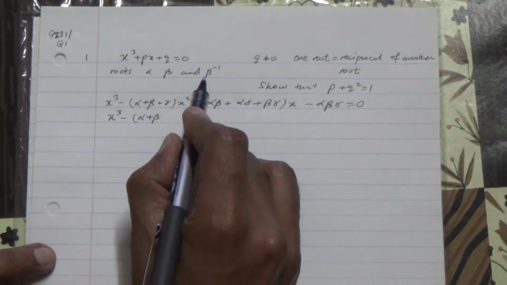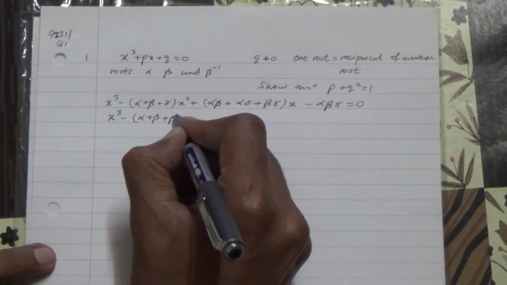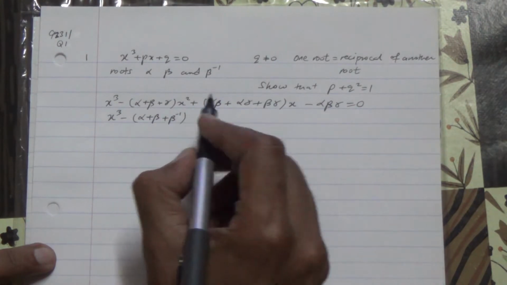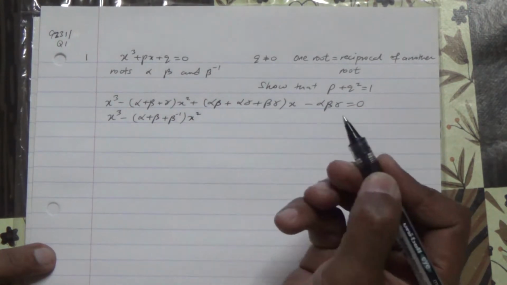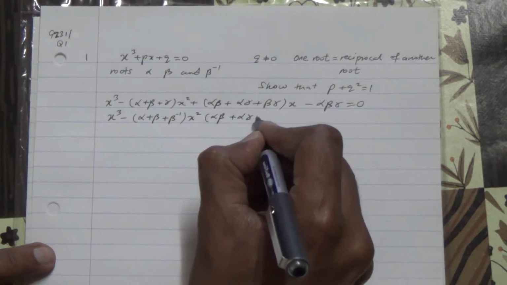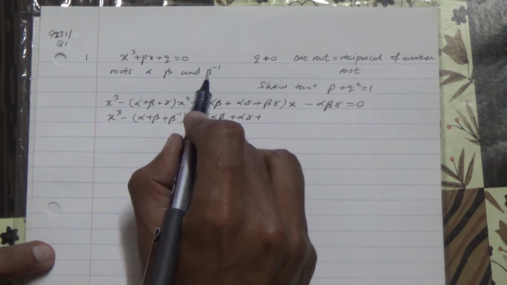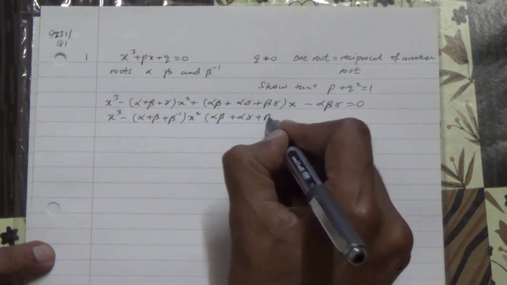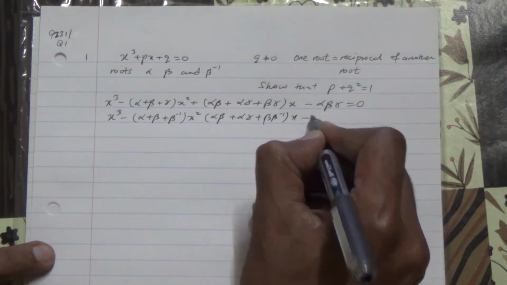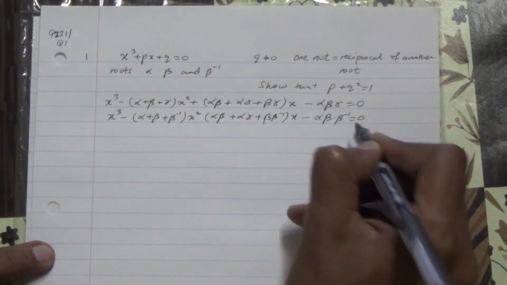Gamma, we said it was the reciprocal of the other one, so plus beta gamma, which is beta inverse, x squared, plus alpha beta plus alpha gamma plus beta times beta inverse, x, minus alpha beta beta inverse is equal to 0.